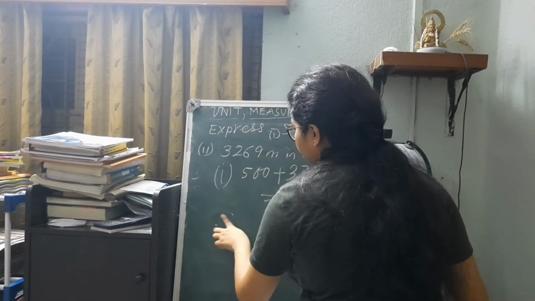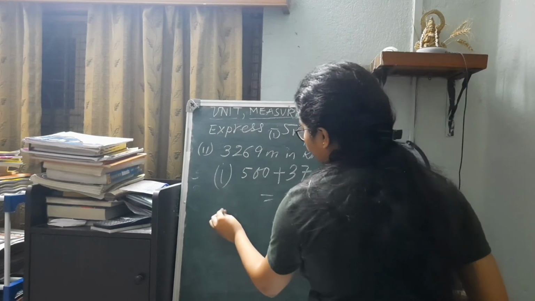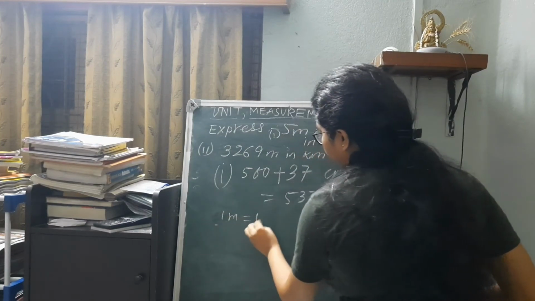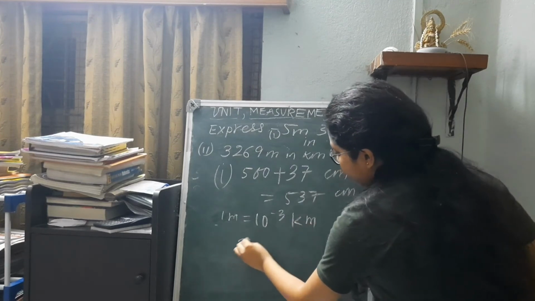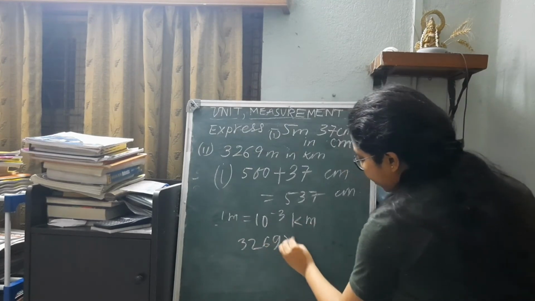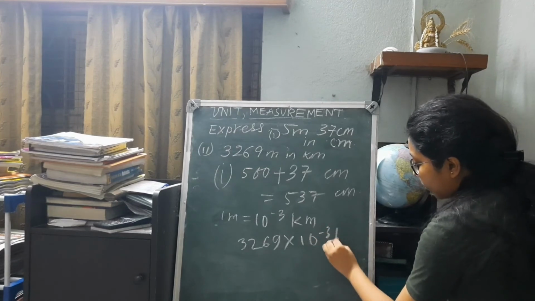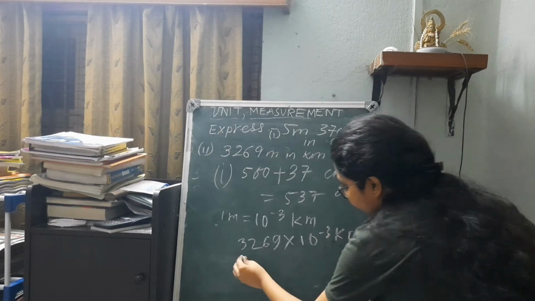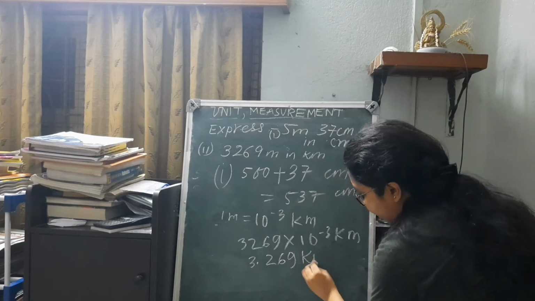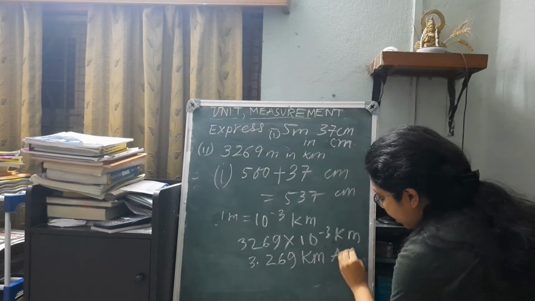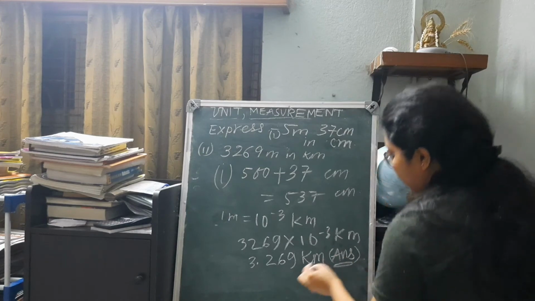Because we know that 1 meter is 10 to the power minus 3 kilometer, 3269 meter is nothing but 3269 into 10 to the power minus 3 kilometer. That means it is 3.269 kilometer.